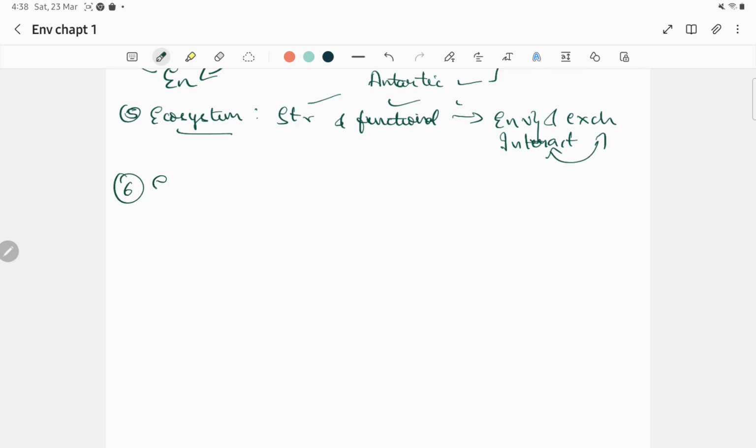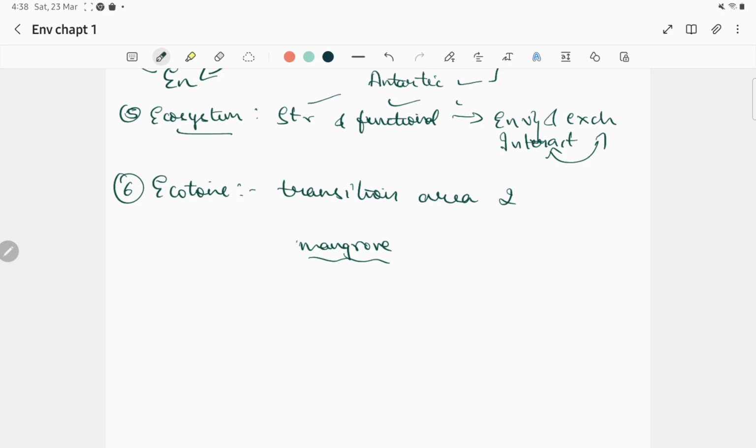Okay, the next one is ecotone. Ecotone is a transition area between two biological ecosystems or communities. For example, we'll take mangrove.